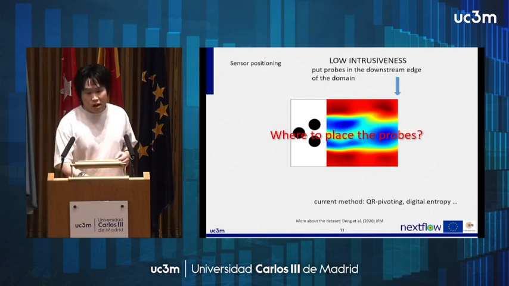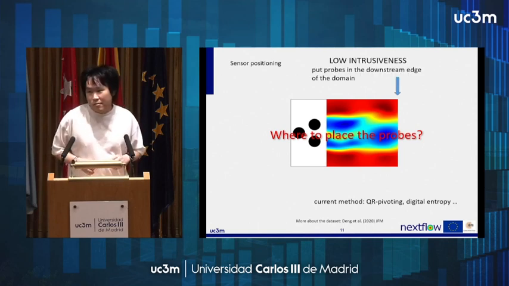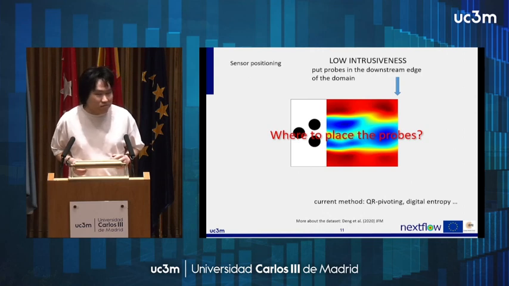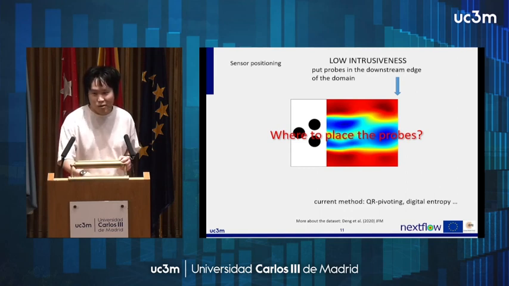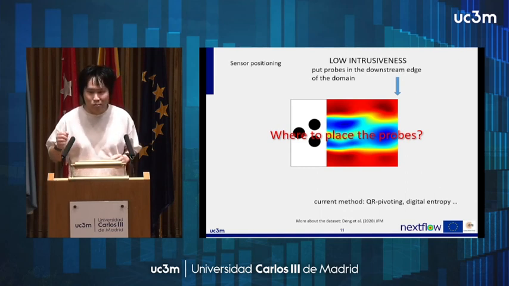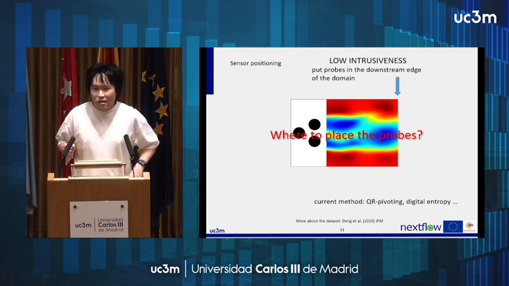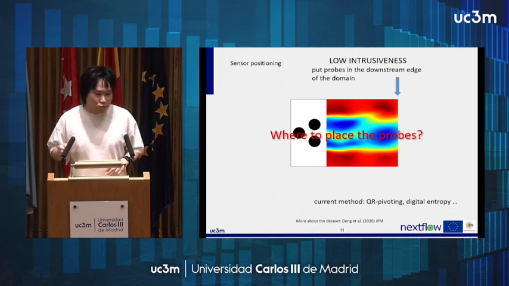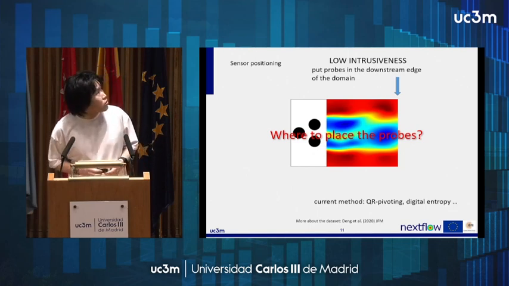In our fluid experiments, intrusion is quite an issue to be concerned about, because we are placing the probes in the fluid and do not want to influence the flow field so much.